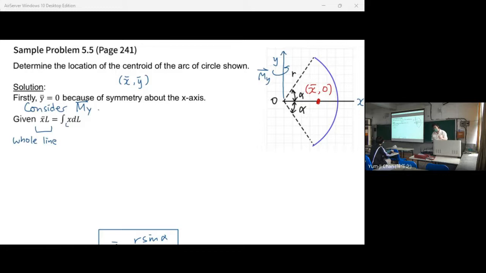And if we look at one small part, let's say this part here, dl, the moment about the y-axis is the moment arm times the length, so it is x dl.